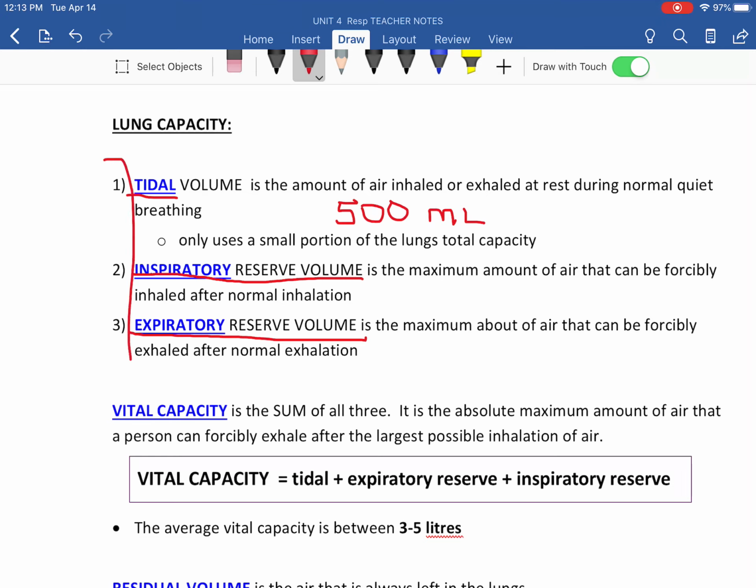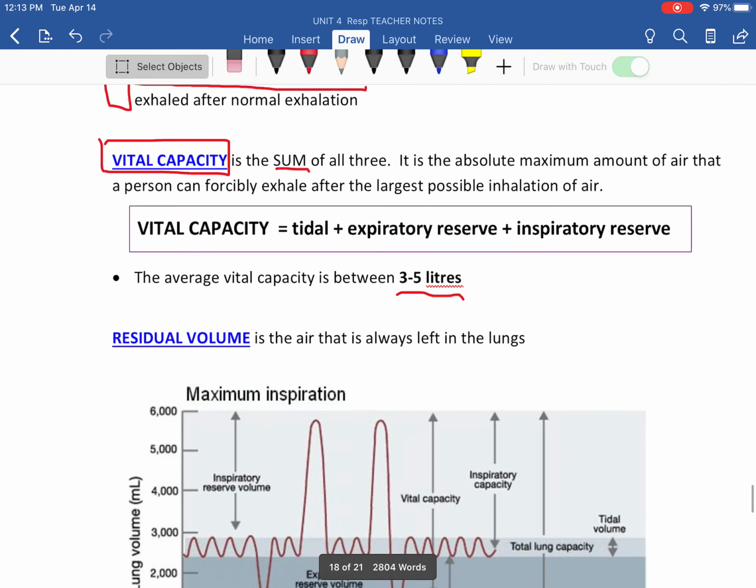If you add all three of these up together, so the restful breath, the forced inhale, the forced exhale, you get what is known as your vital capacity. That's the sum of all three of those volumes, which means it's the maximum air that you could inhale and forcibly exhale. And typically the average vital capacity is between 3 to 5 liters.